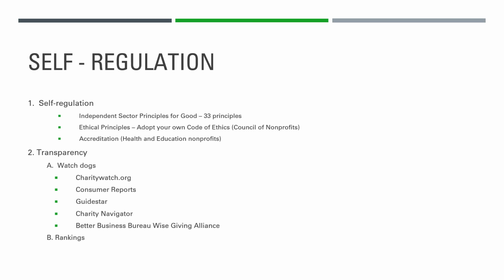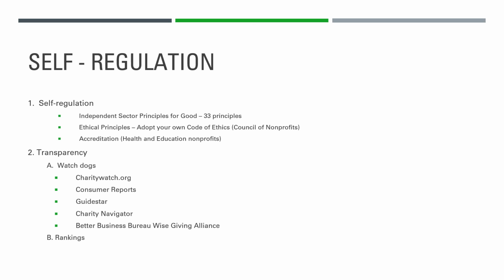You want to adopt your own code of ethics. Every nonprofit should have a code of ethics, what you will and what you will not do. You will see that on a lot of nonprofit websites. They will say if there's certain unethical activities in other countries or different cities they don't support, because of our ethics policy, we will not provide services to this area.